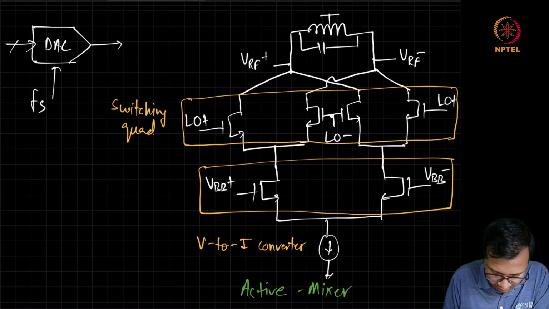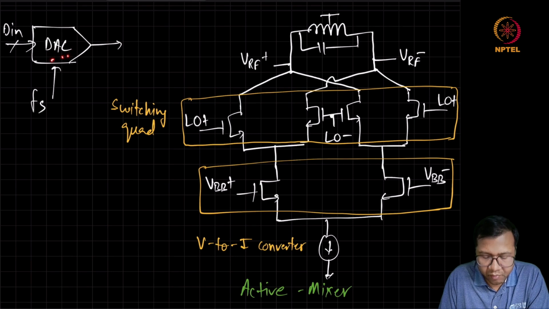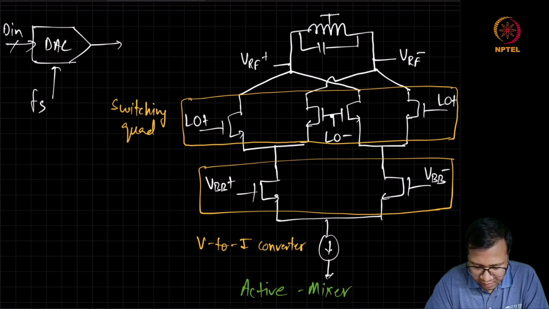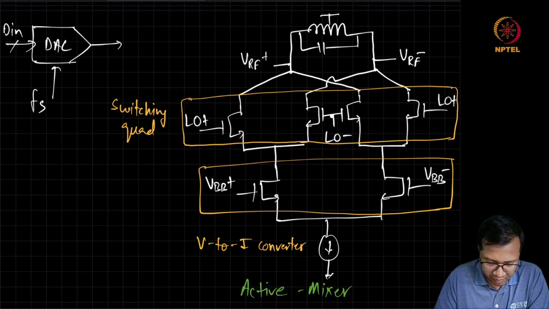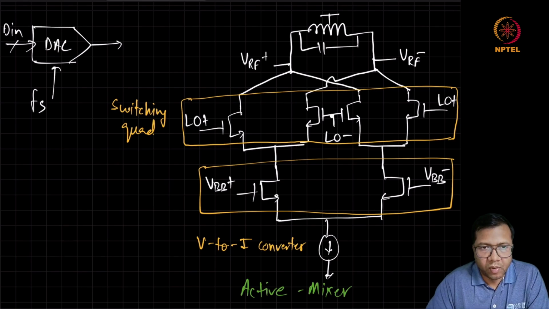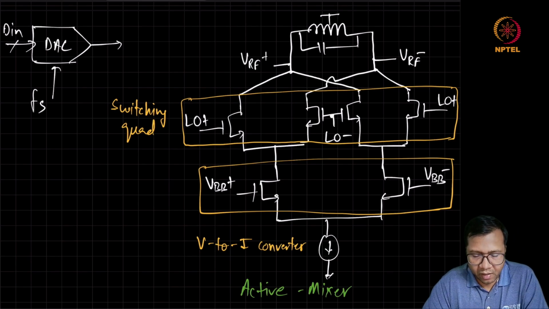If we look at the DAC, then this DAC can be designed using a popular circuit topology which has currents which is being steered to the load depending on the digital code. So that current steering DAC can generate an output in the current domain directly, and later on which is converted into the voltage with the help of some load.